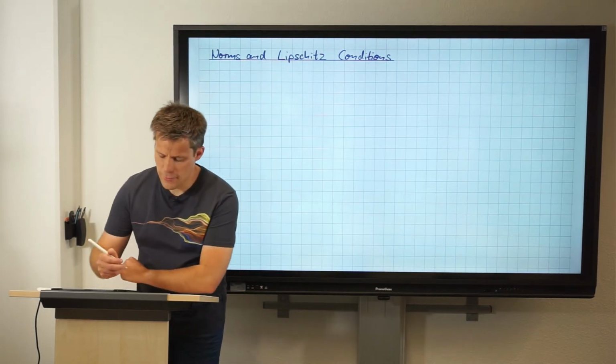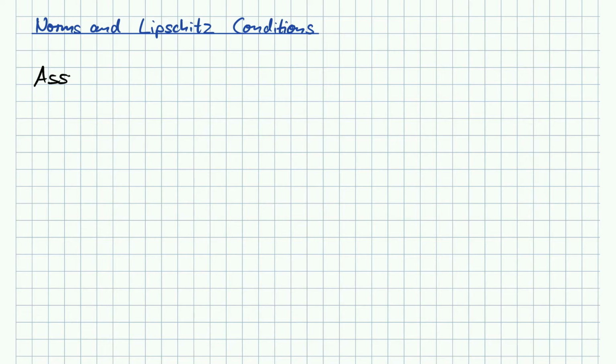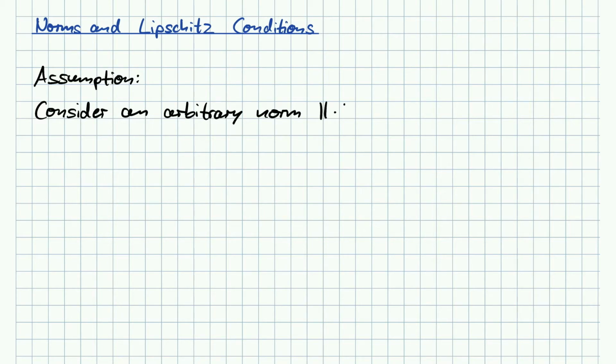So how do we do this formally? Let's consider an arbitrary norm on the set S, on the set of the points that we may choose from. What it means to have a norm, we'll see in just a second. For the time being, let's just think of this as: in the set S we have vectors, and each of these vectors has a length.